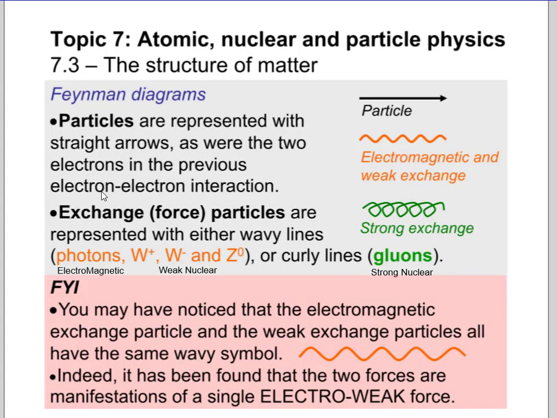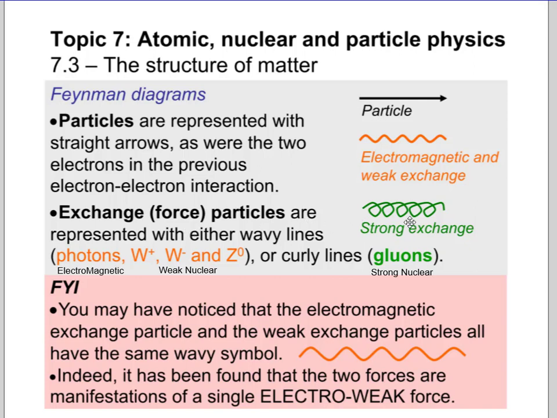So there's a legend if you want to think of it that way. Particles are basically represented with straight arrows, just like we have here. The exchange force particles are represented with either wavy lines, so things like photons, W plus, W minus, and Z bosons. And you'll notice those two are the same color and same symbol.